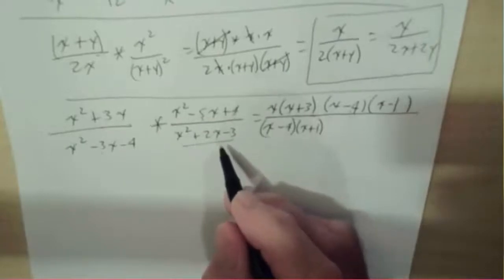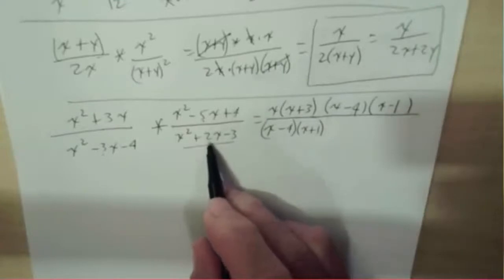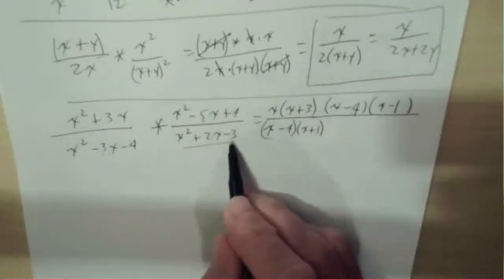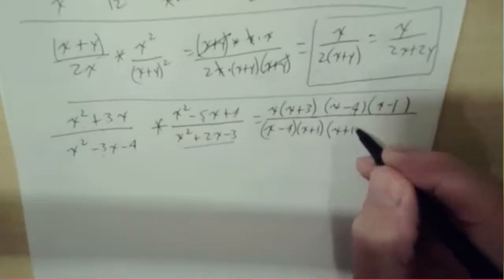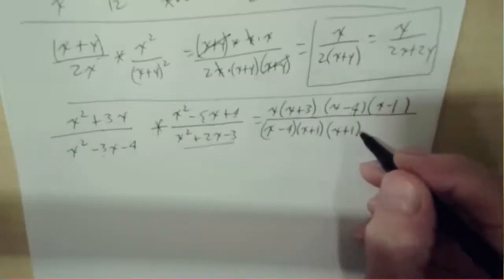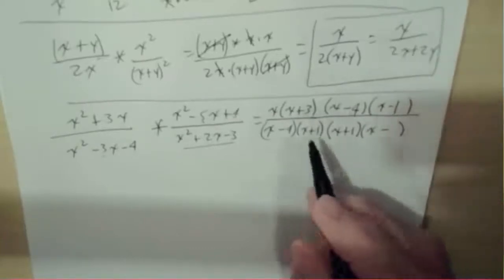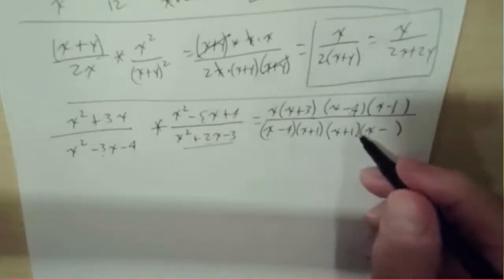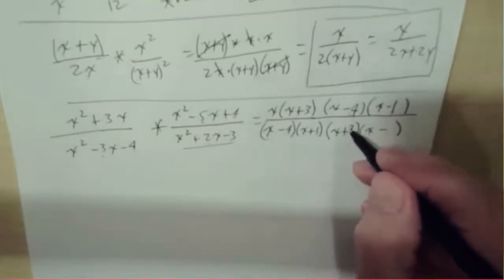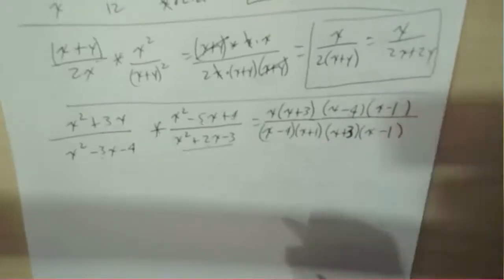The linear term's positive and the constant is negative, so we're going to get x plus something and x minus something. What are the factors of negative 3 that add up to this? It's going to be x plus 3 and x minus 1. Is that right? I think so.